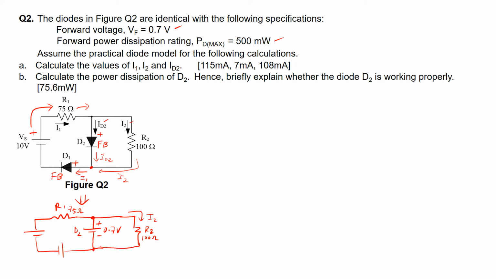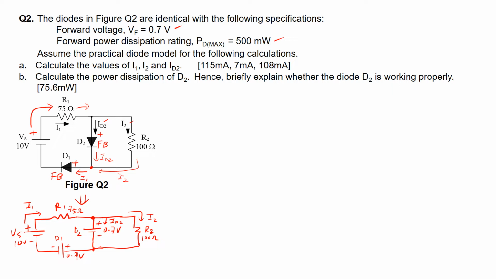The diode D1, which is over here, will also be replaced by a battery of 0.7 volts in value. Voltage source Vs has a value of 10 volts, and the current coming out from it is current I1. The current going into diode D2 is ID2. So this is the equivalent circuit that we have just drawn.